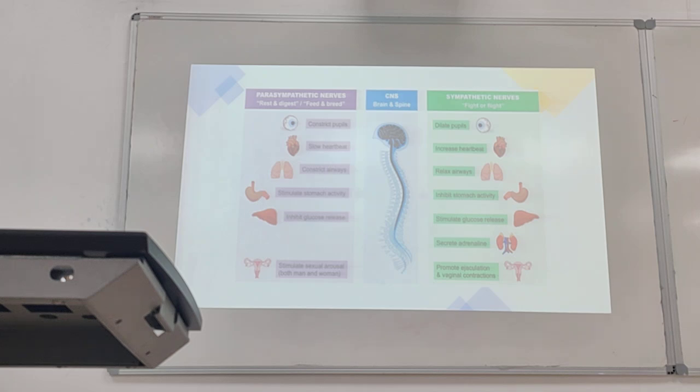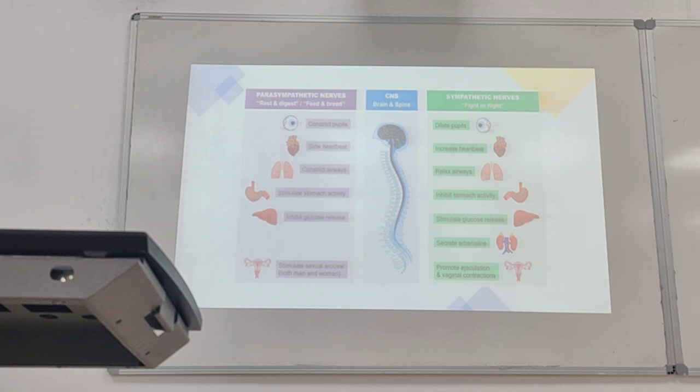What is the effect of the parasympathetic system on the pupil? You see, I just now discussed these things with you. Constrict. And what is the effect of the sympathetic system on the pupil? Dilate. What is the effect of the parasympathetic system on the heart? Slow heart rate. And of the sympathetic system?